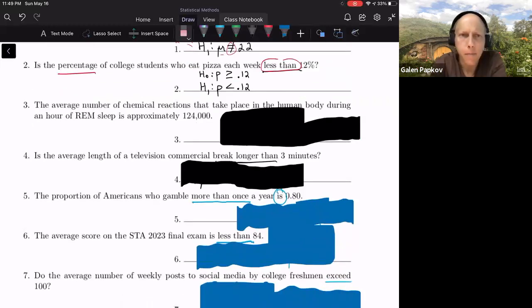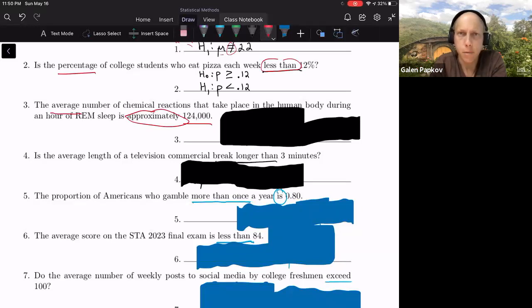Third example, the average number of chemical reactions that take place in the human body during an hour of REM sleep is approximately 124,000. So average, that tells me that we are looking at inference about mu as it relates to 124,000. And the word approximately is signaling to me that it's close enough or different from.